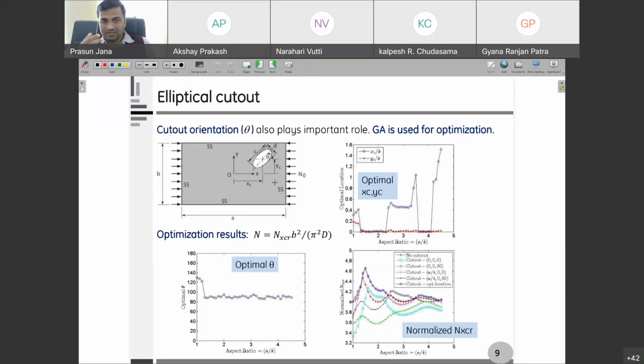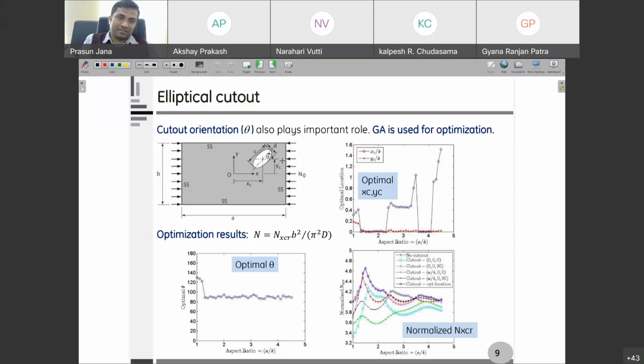Since we want to do an academic study, we will not go to the actual shape, for which the parameterization may be difficult. So what we have done, we have taken an elliptical shape.